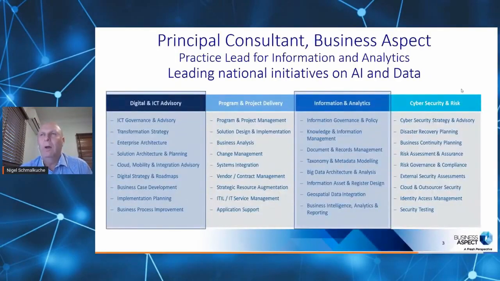I mentioned my role at the moment, principal consultant at Business Aspect, practice lead for information analytics, and I also look after the digital ICT advisory and provide the strategies through that.